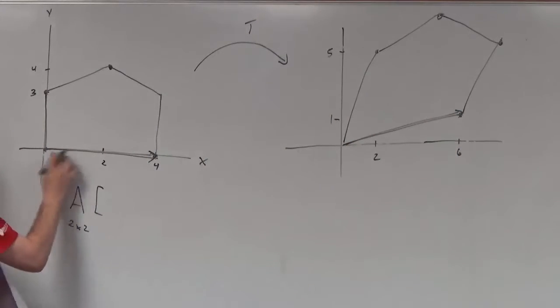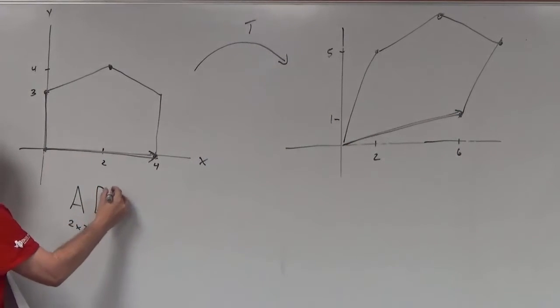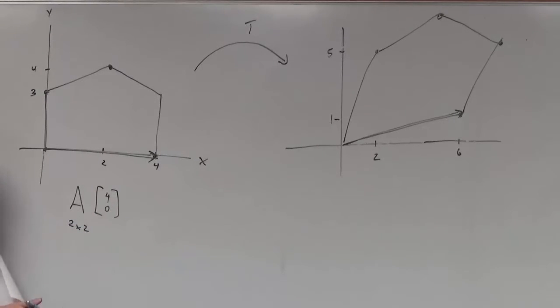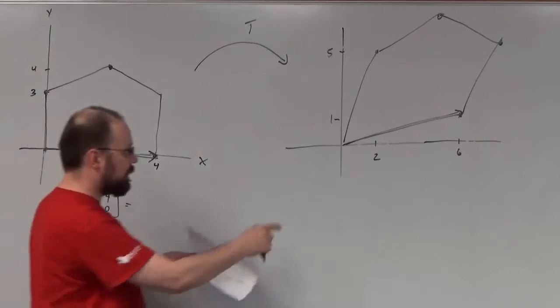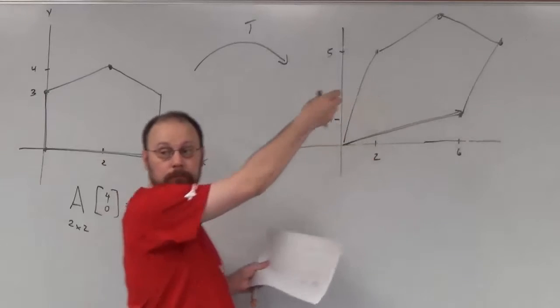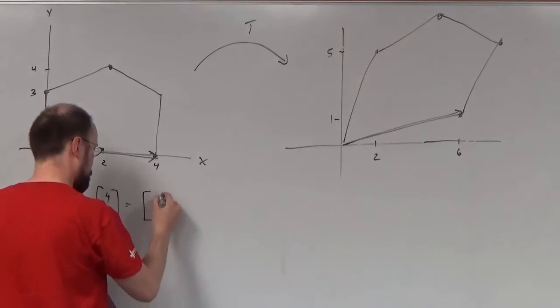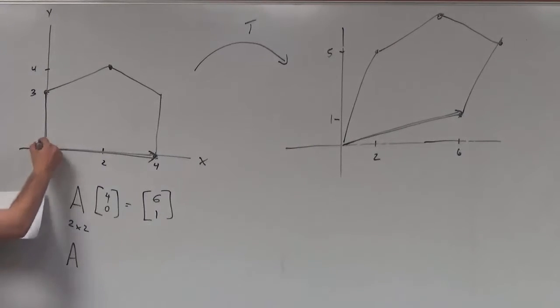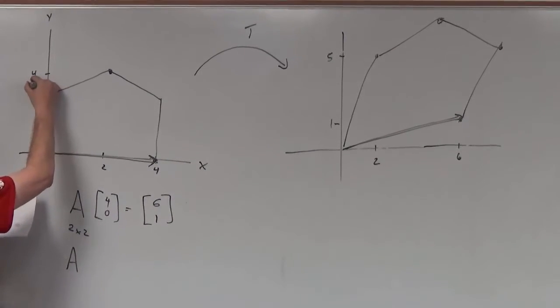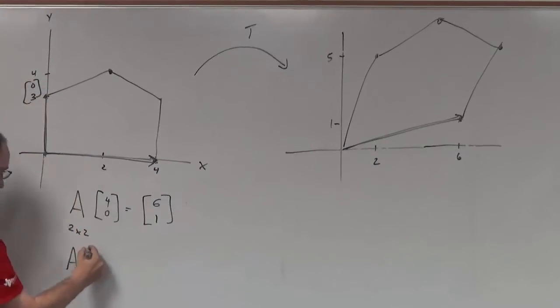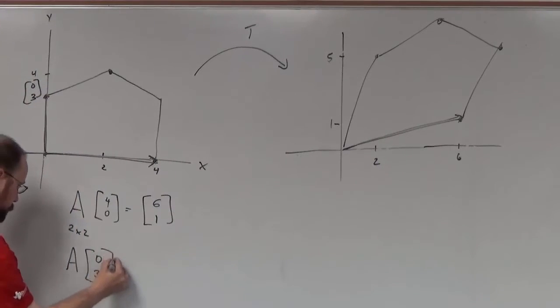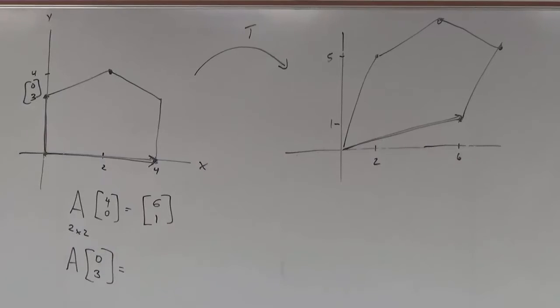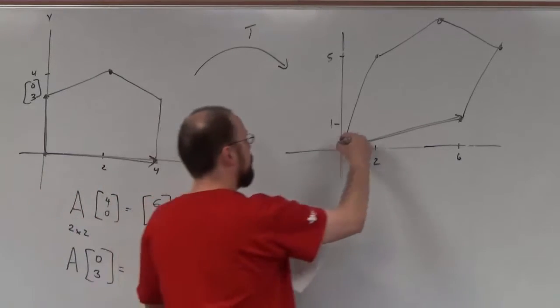So this vector is 4, 0. Once you multiply it by our standard matrix, you should get the vector 6, 1. You also know that our standard matrix times the vector 0, 3 should give you the vector 2, 5.